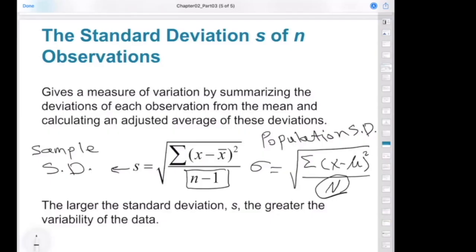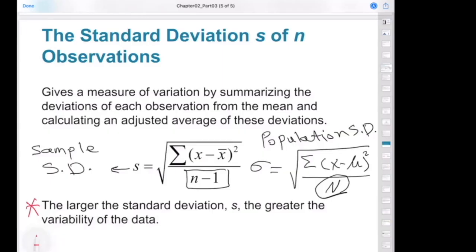And very important to note here: the larger the standard deviation S, the greater the variability of the data. Very important, this one.